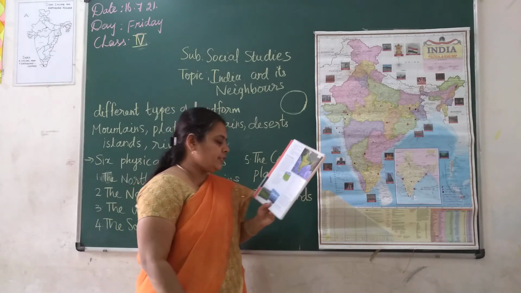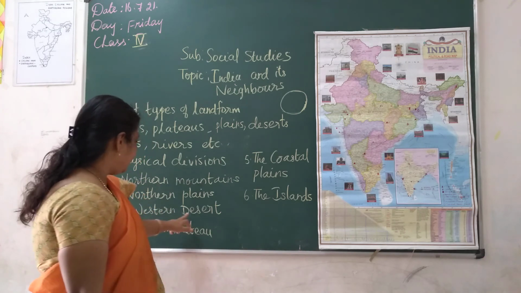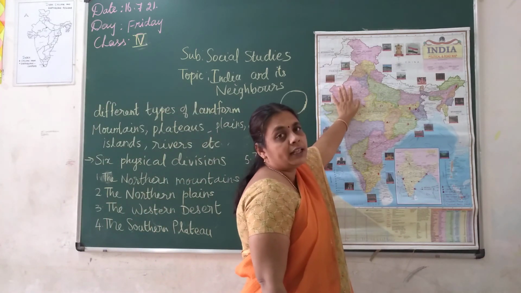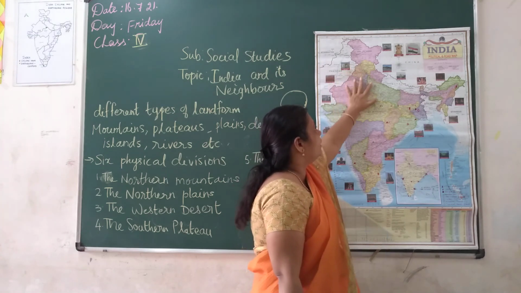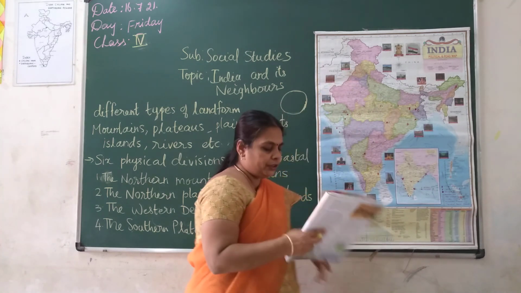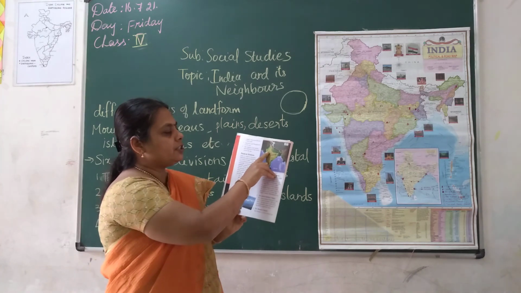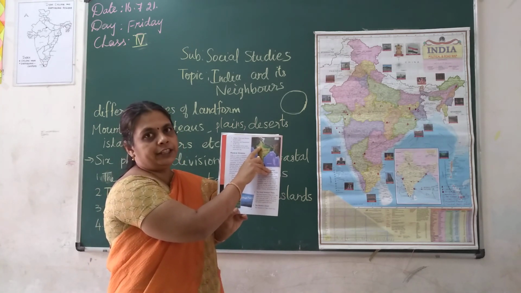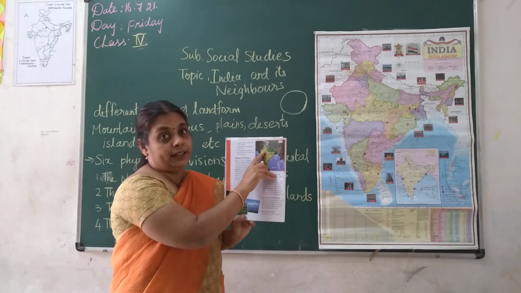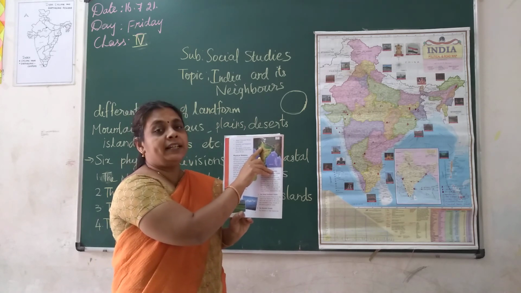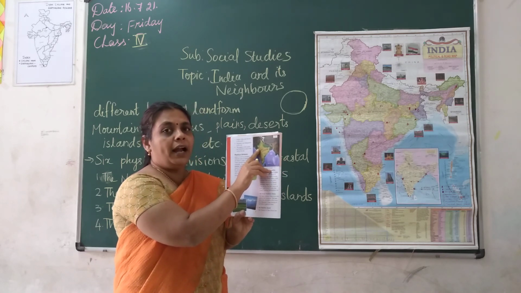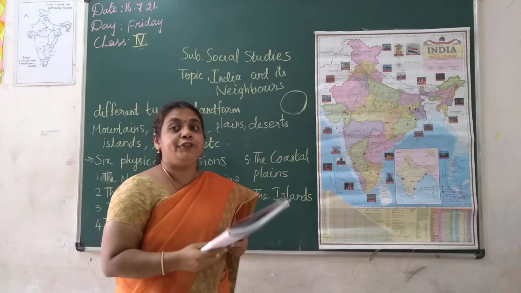The next one is the western desert, children. The western desert covers Rajasthan. I will show you in the atlas map. This is your western desert. Here in India you have the Thar desert. It is a dry area with less rainfall, covered with sand dunes.